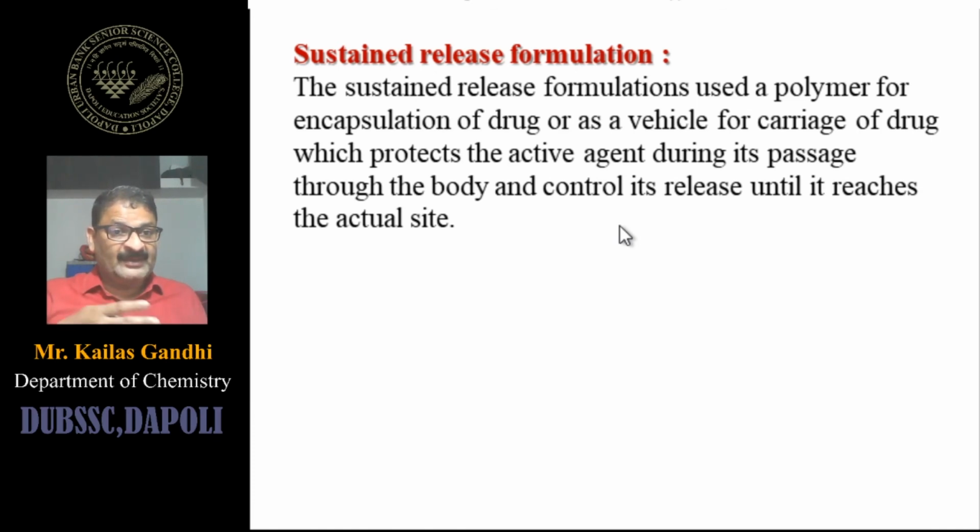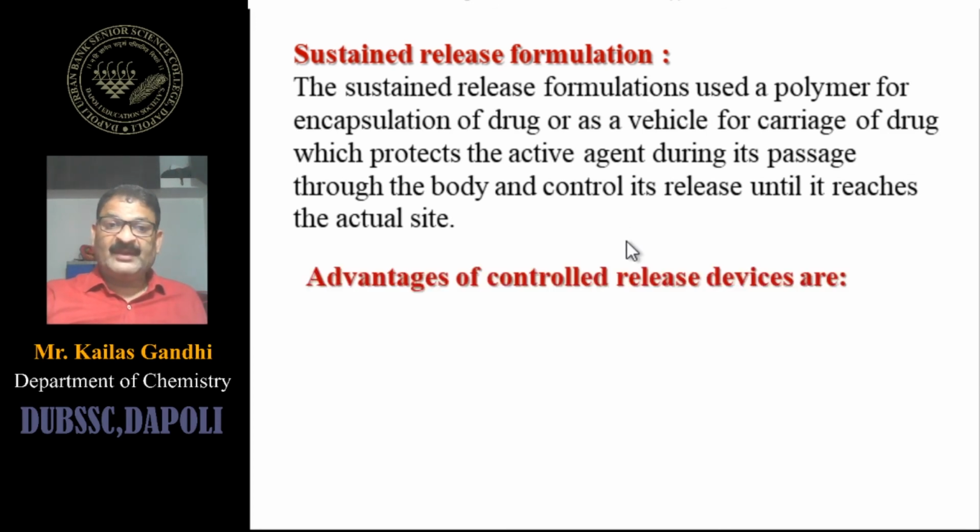So we get continuous action for a prolonged period. These types of formulations are considered sustained release formulations.